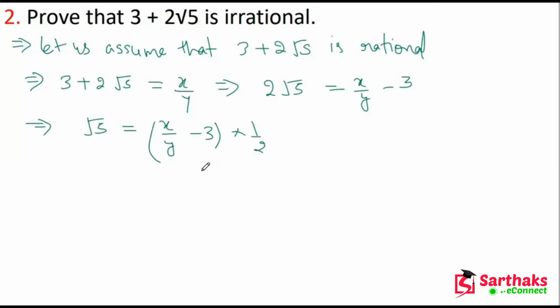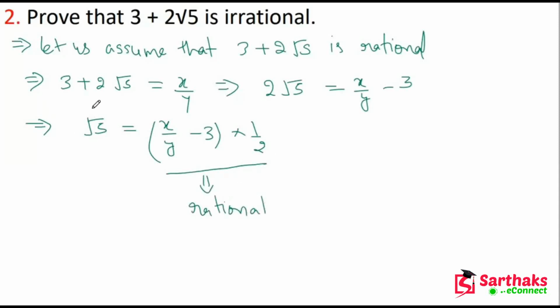Since x and y are integers, this term is a rational number. Therefore under root 5 is also a rational number, but this contradicts the fact that under root 5 is irrational.